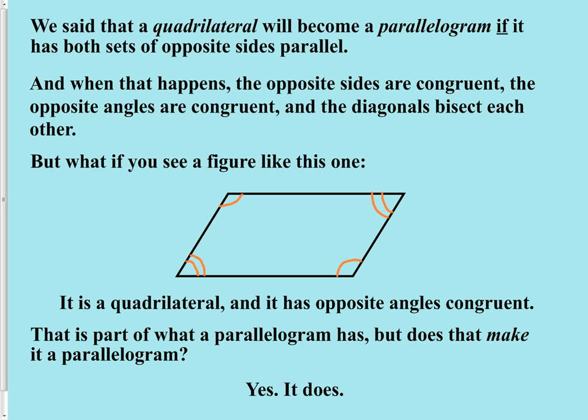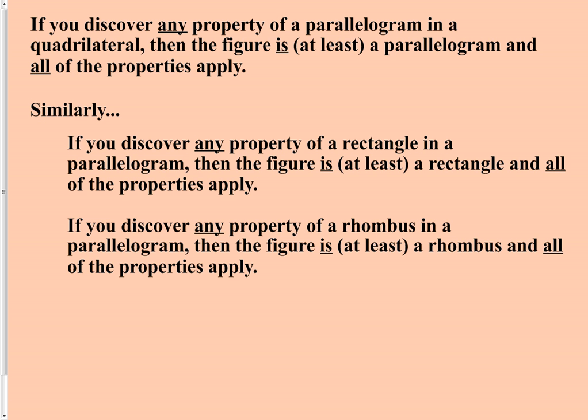So if you have a quadrilateral and you can find that both sets of opposite sides are parallel, or both sets of opposite sides are congruent, or both sets of opposite angles are congruent, or the diagonals bisect each other, any of that is going to be good enough for you to say, yes, I do have a parallelogram.